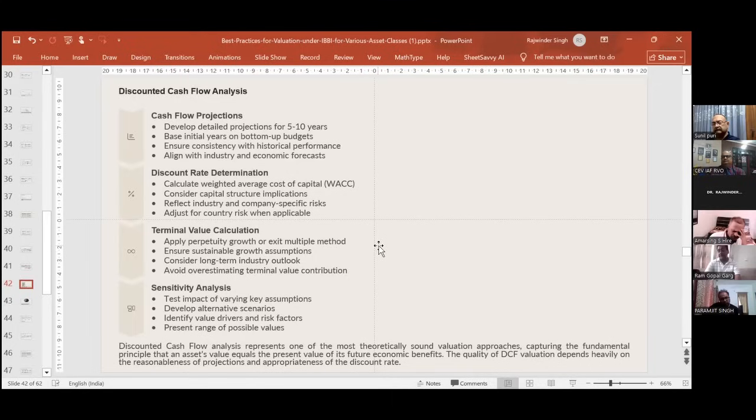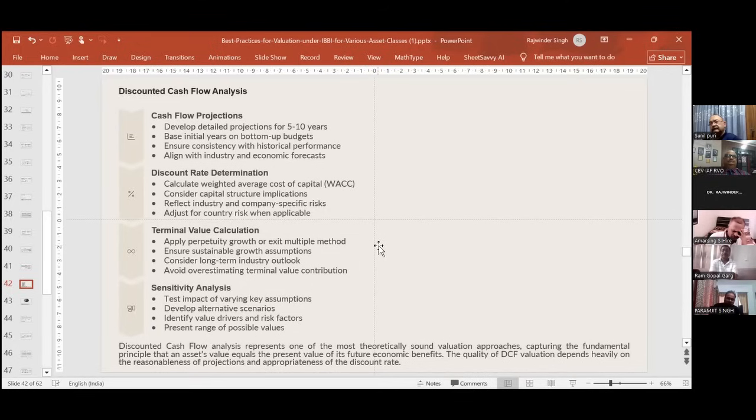Then ensure sustainable growth assumptions. Consider long-term industry outlook and avoid overestimating terminal value contributions. And then you have to carry out sensitivity analysis: test the impact of varying key assumptions, develop alternative scenarios, identify value drivers and risk factors, and present a range of possible values.